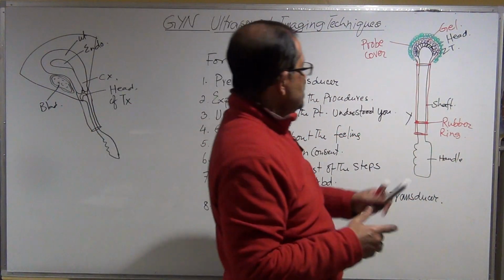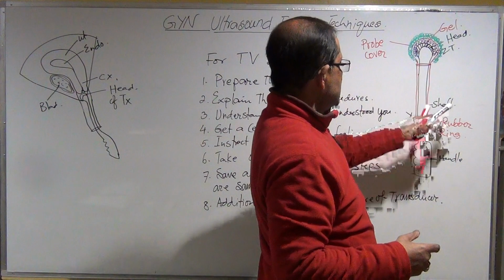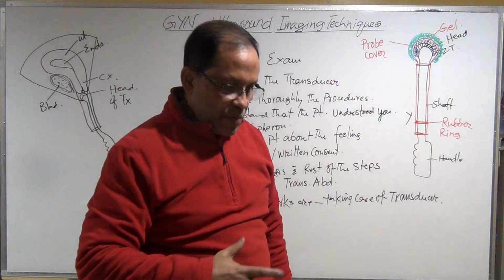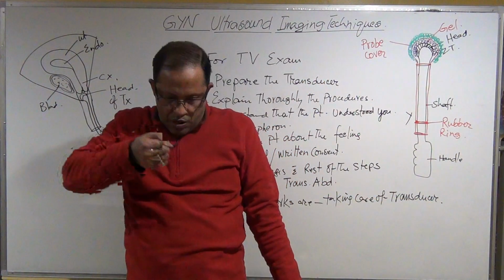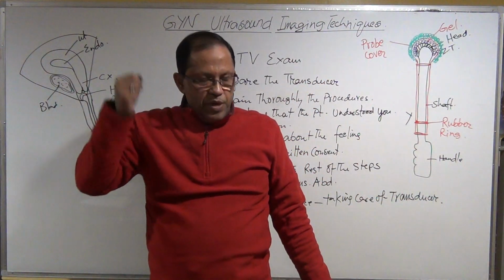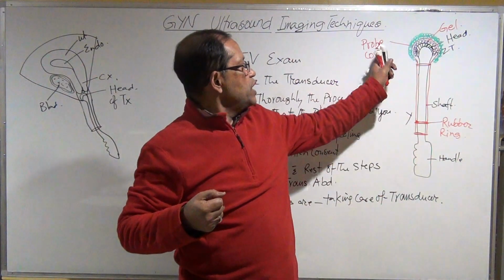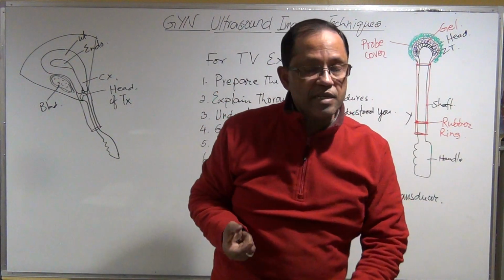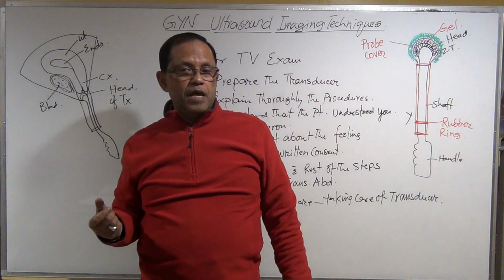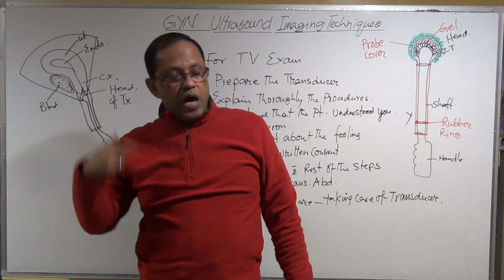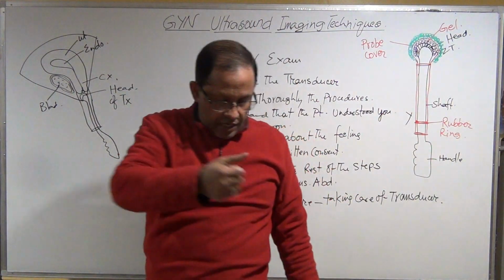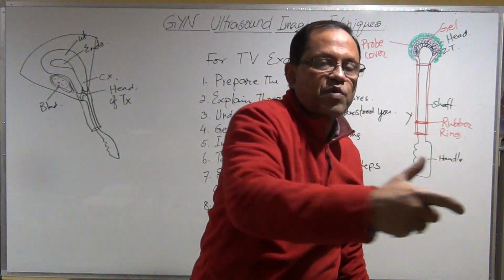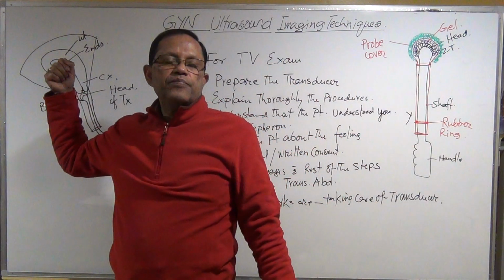How are you going to take care of it? The transducer is covered by the probe cover, right? So now we have to take out the transducer. Make sure it comes with the probe cover. Sometimes if you don't take care, the probe cover will remain inside the vagina. That's why I used to grab the handle with the probe cover so that it comes easily.